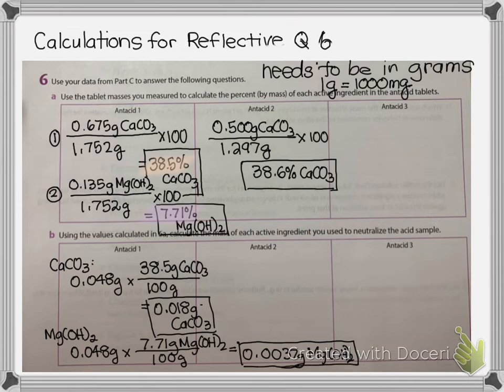So that calculation for the first antacid tells me how much of each active ingredient was used to neutralize that specific sample we worked with. Now let's do this for antacid 2. This is going to be for calcium carbonate because we only have one, and we need to know how much sample we used.